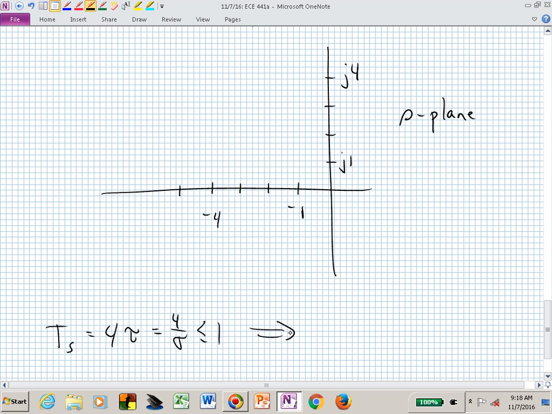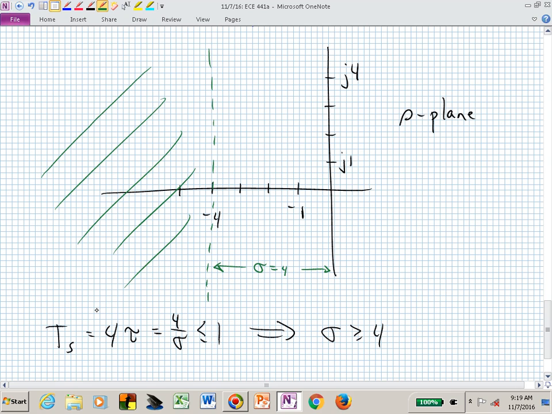And now we can say, oh, we now want our sigma, which is the magnitude of our distance into the left half plane, to be bigger than 4. Here is now our sigma value. And we want to be somewhere over here.